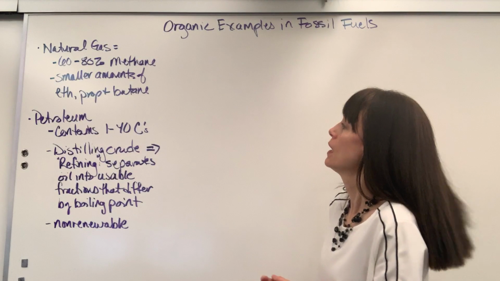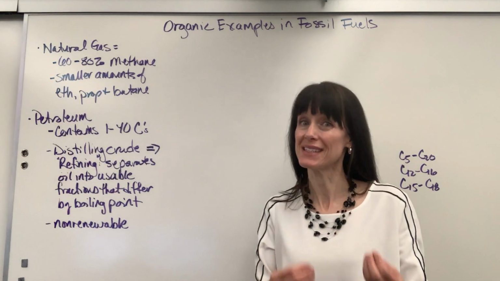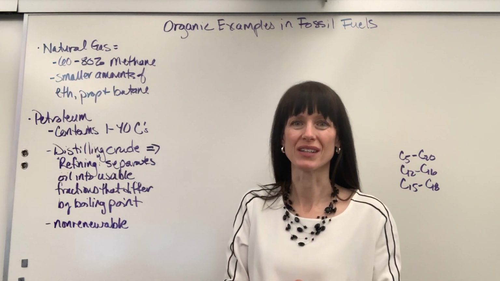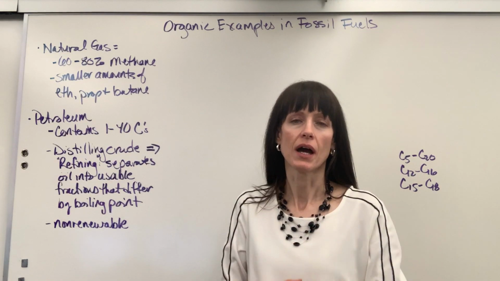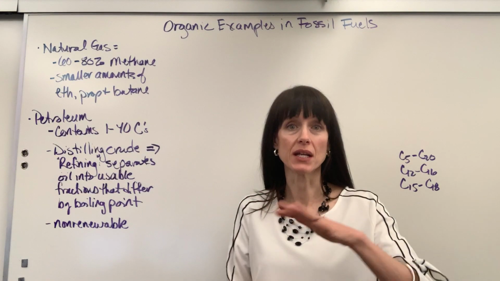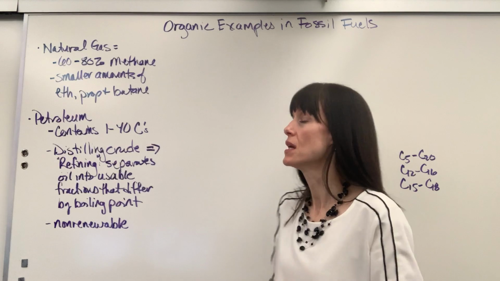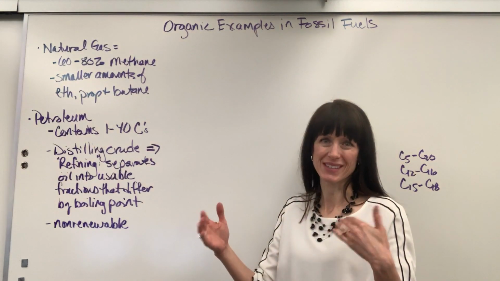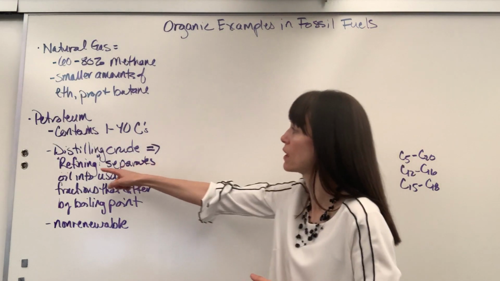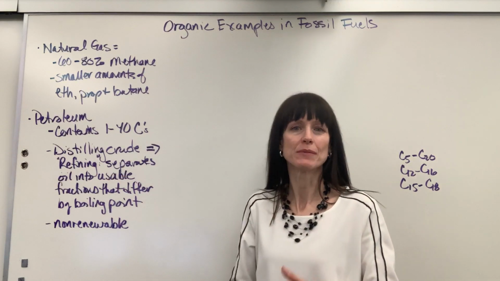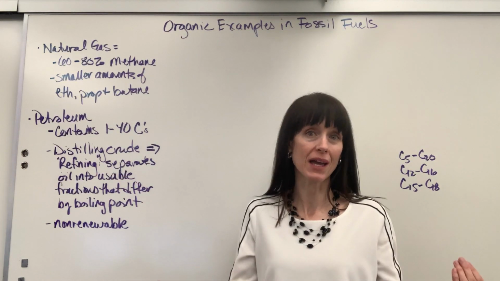So what we have to do is distill the crude, is what it's called. You take the oil that we get from the earth, and we have to separate it into the different types of carbon strings, if you will. So this is called a refining process, and I'm sure at some point in your life you've driven by a refinery.